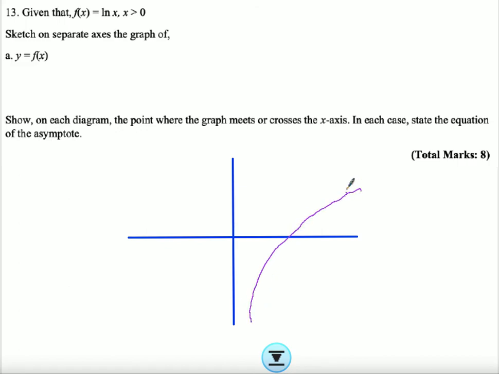It does that. It's the reflection of e to the x, so therefore that is the coordinate 1, 0, despite what it looks like, and we have an asymptote at x equals 0. Okay, anything else we need to mention? On each diagram, the point where the graph meets or crosses the x-axis, in each case state the equation of the asymptote. I'm assuming a couple of marks for that.